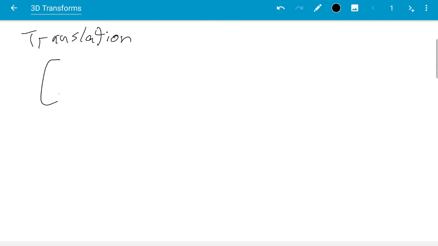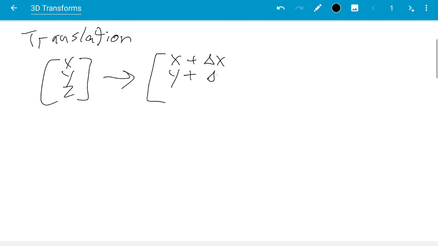We have a vector x, y, z, and we want to transform it so that it is now x plus, let's say, delta x, y plus delta y, z plus delta z. That's what we want to achieve. So we have just these three parameters, how much you want to move it in the x, y, and z dimensions, and we just want to add those in.